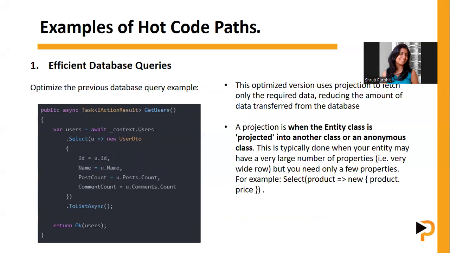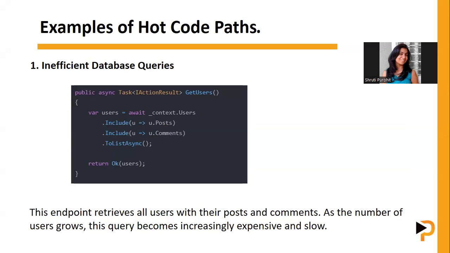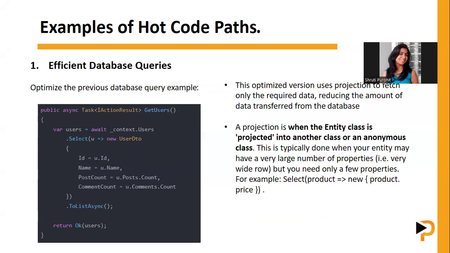Now, how can we use database queries efficiently? It says that this optimized version uses projection to fetch only the required data, reducing the amount of data transferred from the database. So instead of using all the data, they suggest you use projection. A projection is when the entity class is projected into another class or an anonymous class.